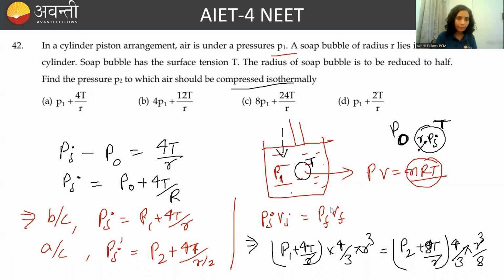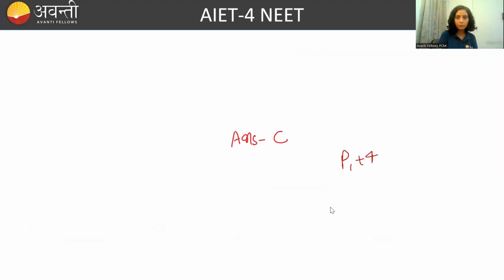If you're going to write it and solve it, what you will get? This will get cancelled. Here we will get 1 by 8, and this is P1 plus 4T by R. So P1 plus 4T by R will be equal to how much? 1 by 8 था, so 8 times इधर ले जाओ.